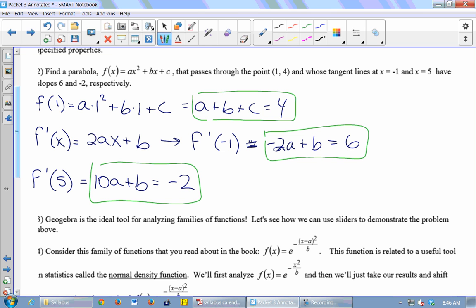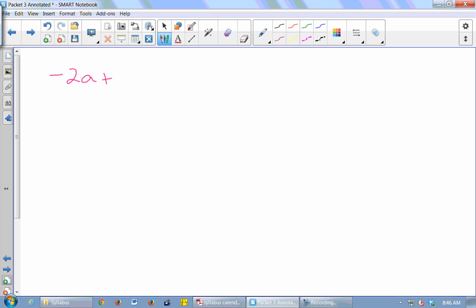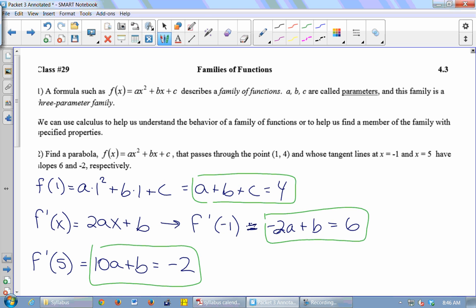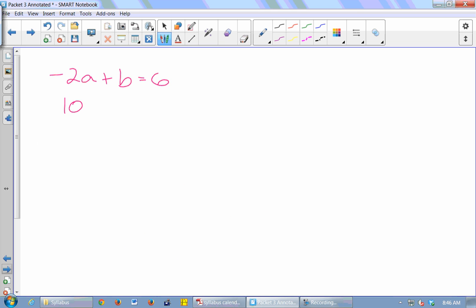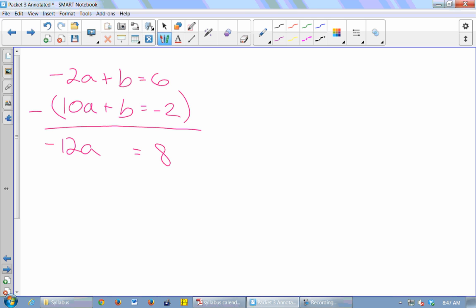I have -2a plus b is 6, and 10a plus b is -2. So I'm going to subtract the 2 equations. -2a minus 10a is -12a. And b minus b is 0, so those cancel out. And then 6 minus -2 is 8.